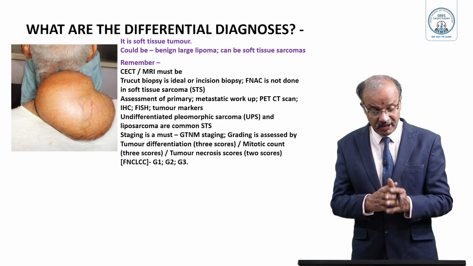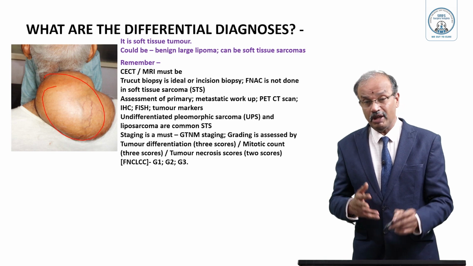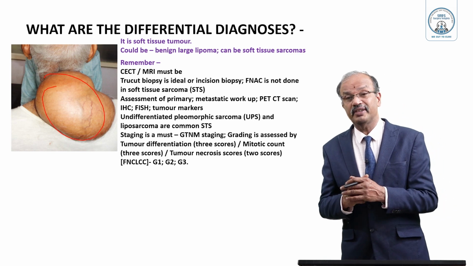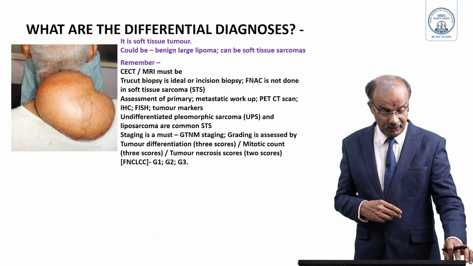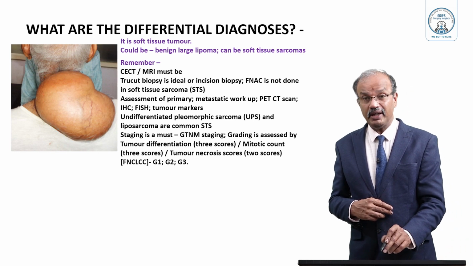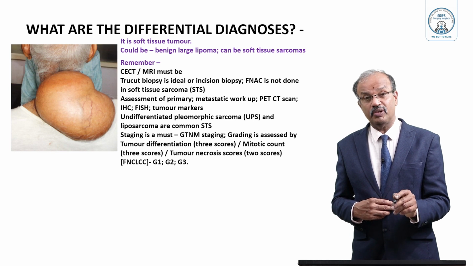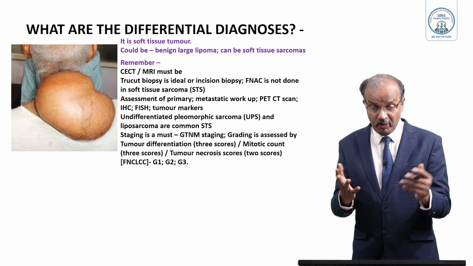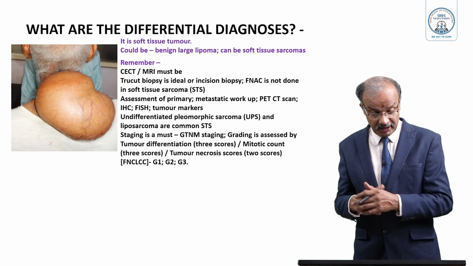Sometimes you have to do a PET CT because the lesion is quite big. It may be a T4 lesion based on the dimensions: 5 to 10, 15, more than 15. Then assessment of the primary, metastatic workup, PET CT scan, immunohistochemistry, FISH (fluorescent in situ hybridization), and tumor markers are very important to find out eventually what type and grade.